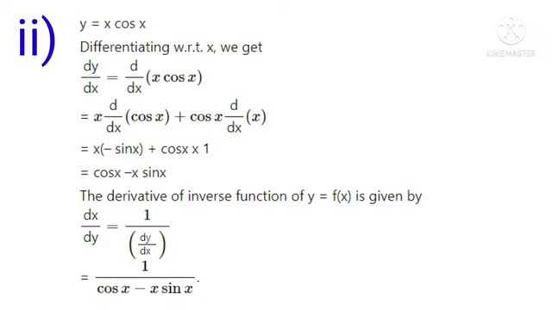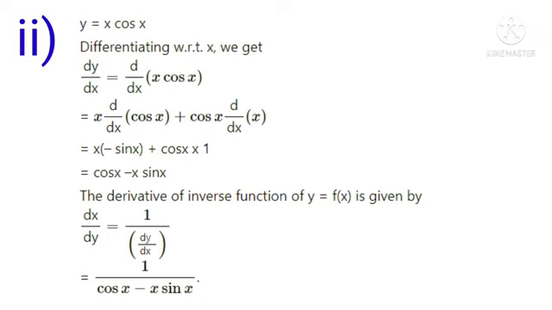So here we use the product rule, u into v. So x into d by dx of cos x plus cos x into d by dx of x. x as it is, derivative of cos x is minus sin x, plus cos x as it is, derivative of x is 1. So the next step is minus x sin x plus cos x. You write it as cos x minus x sin x.